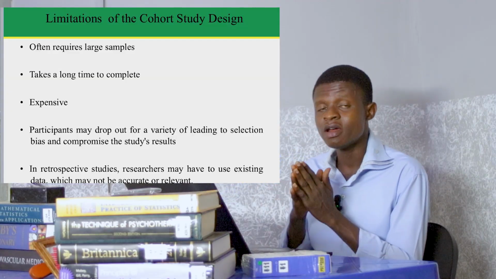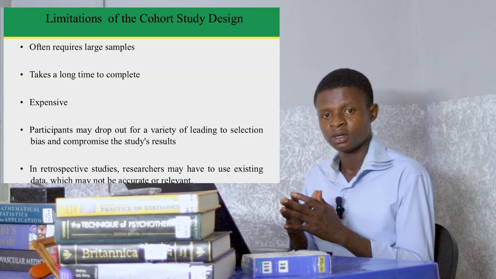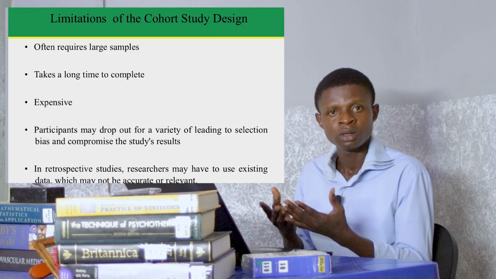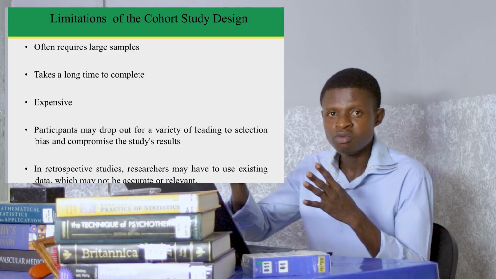And then it is very expensive, because sometimes you need to test the people depending on what you are looking for. You need to run a lot of tests before you can identify your outcome. And then participants may also be lost to follow up, because it is a long period of time.